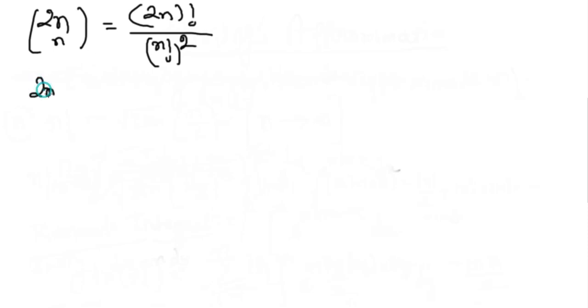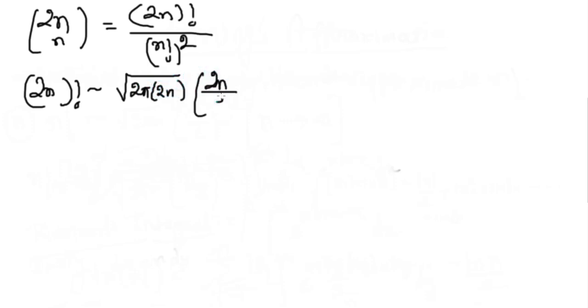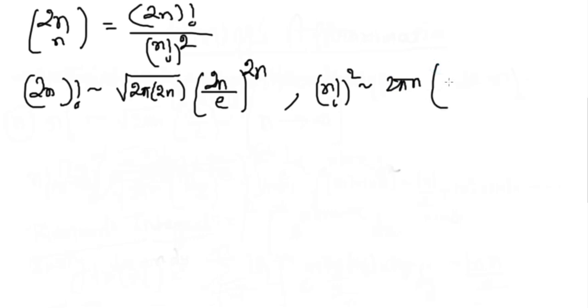So let's go one by one. 2n factorial is basically root over 2 pi of 2n, isn't it, divided by 2n by e to the power 2n. Well, and the n factorial squared will be equal to 2 pi n by e to the power 2n, isn't it?